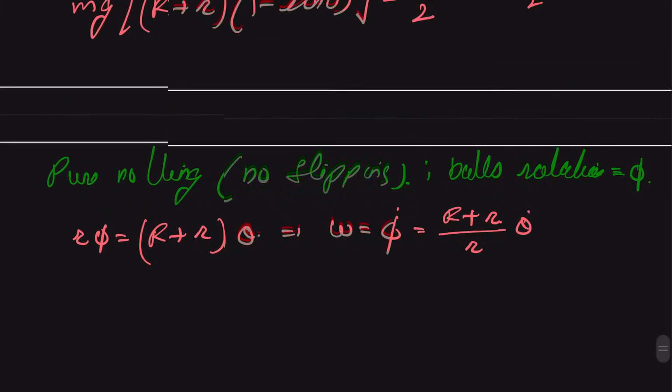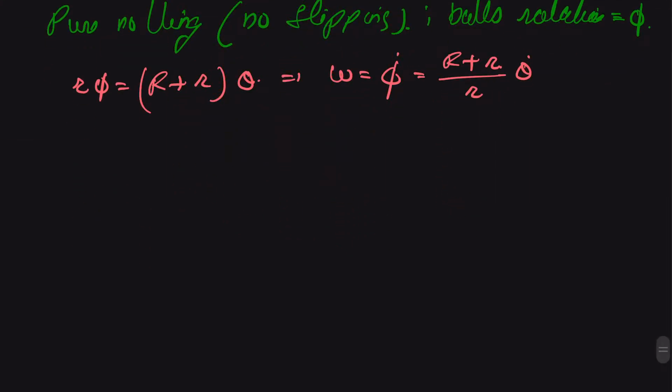And therefore if we substitute the values, we can write this will be equal to half m v square plus half I omega square.